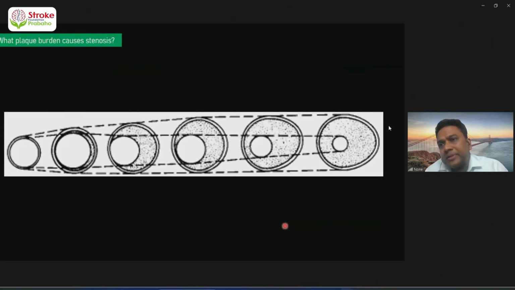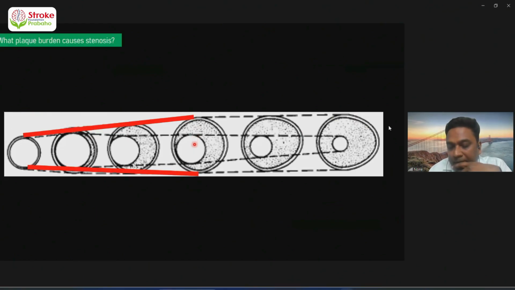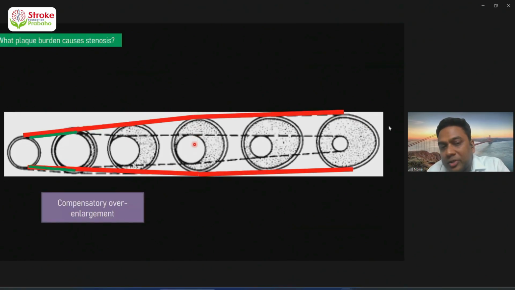So what happens initially when plaque deposits in the wall of the artery? Initially the outer diameter of the artery keeps increasing, but the lumen is maintained. There's no change in the lumen up to a certain plaque size. And this enlargement in the outer diameter of the artery is called a compensatory over-enlargement of the artery.